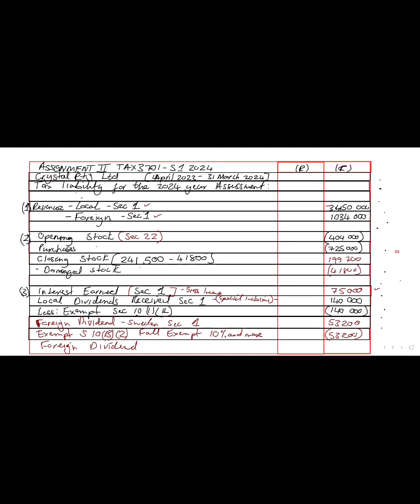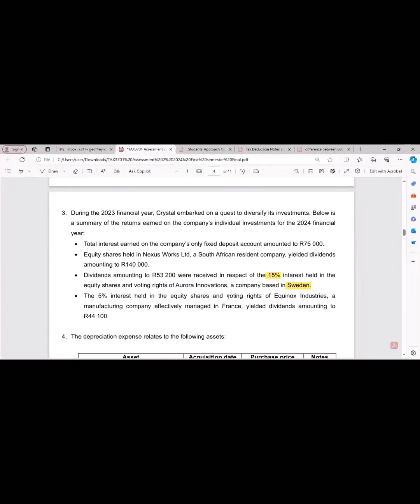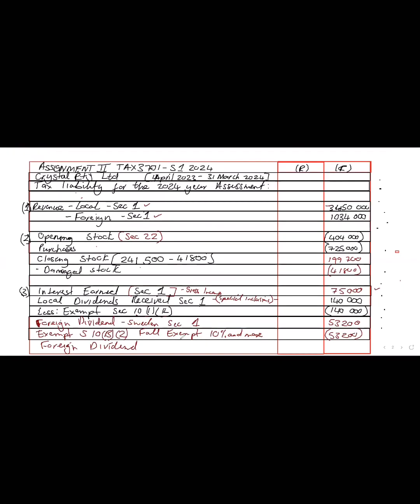They are saying 5% interest held in the equity shares and voting rights of E Industries, a manufacturing company effectively managed in France. How much are we holding this time? 5%. So it's less than 10%. So it is partially exempt.